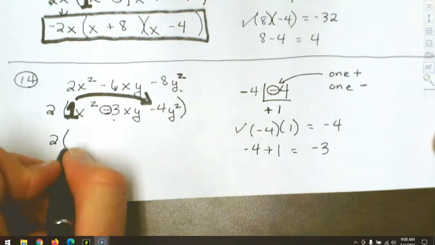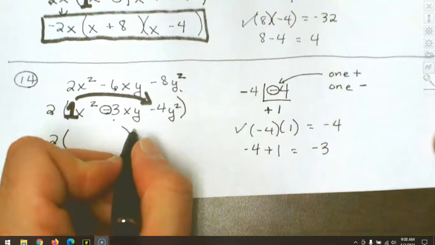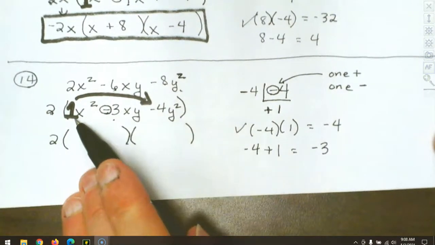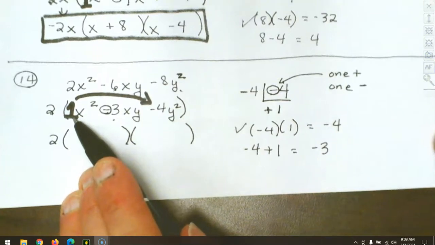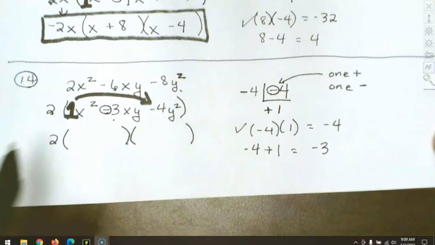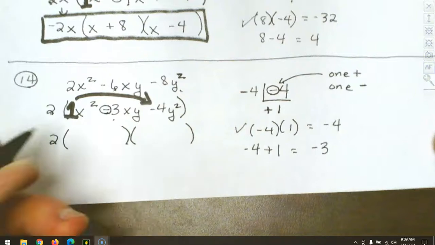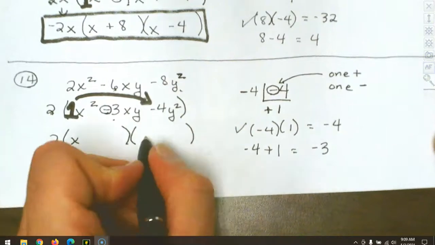Because of that 1, we can jump directly to our factors. If that would have been a 4 or a 5 or a 2 or anything else here, we would have to factor by grouping. But in this one, we don't. Now, what variable do we have in common at the beginning? X squared. So we can write that as x and x.